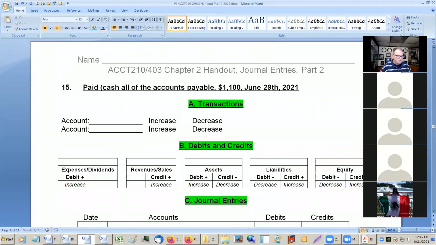Cash. Wrote checks or something. So whenever you see paid, or payment made, that kind of thing, think cash.